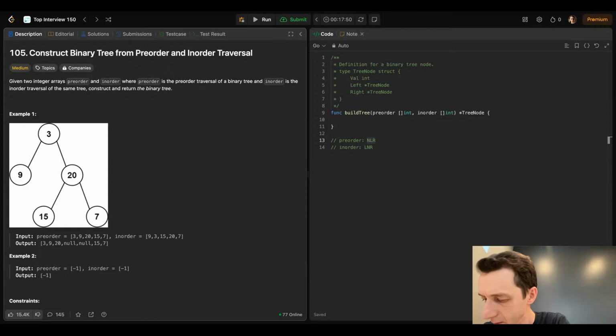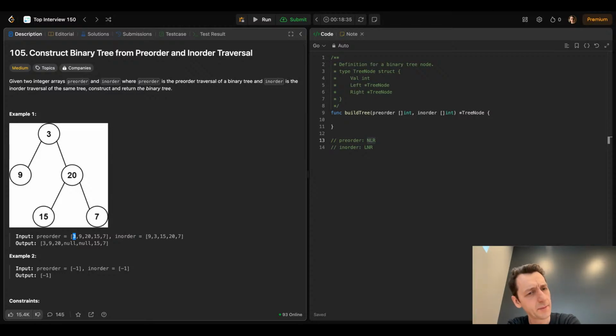And this is 9, 3, 15, 27. So we have a 3. That's where we start. I have a 3. We know it's a node because preorder starts with a node. It's a root.